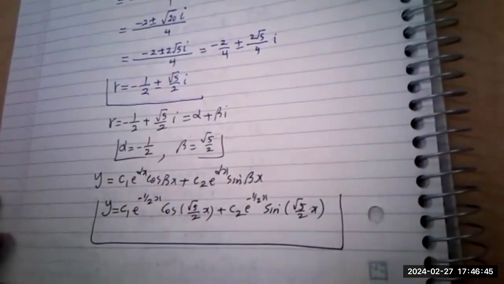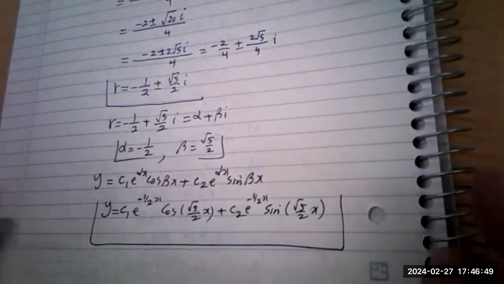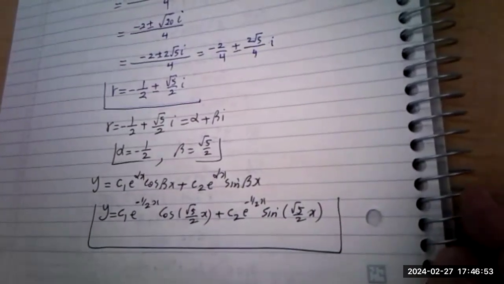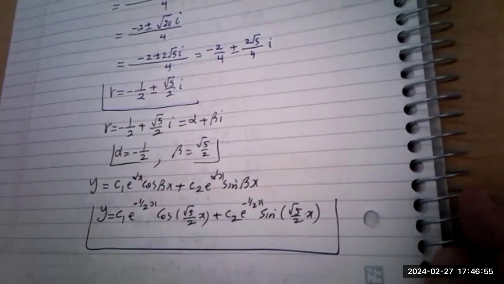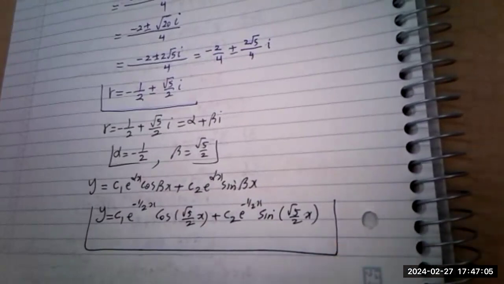Be prepared: in application problems, you may have some terms, especially with complex numbers, so be ready to get these numbers. I'll give you more next time. What we can do is extend this. This is second order.